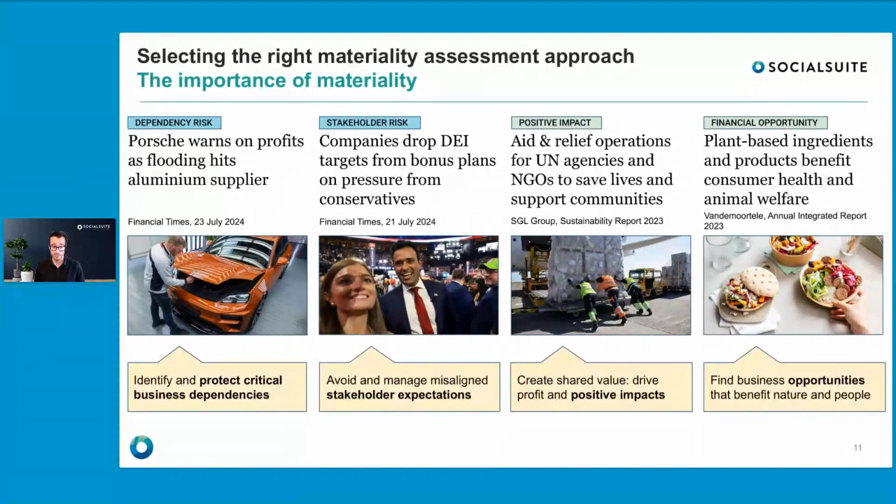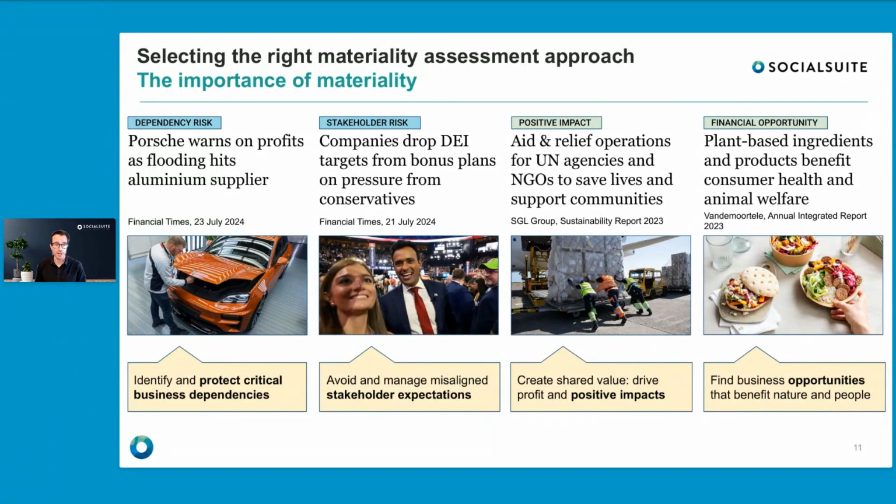So they were having a big issue there. There's a critical dependency, and the topic there was climate change and the physical impacts of climate change, a lot of storms, a lot of rain, that was impacting their business. So, a financial materiality point of view. This is all about identifying those particular dependency risks and protecting your business from that.